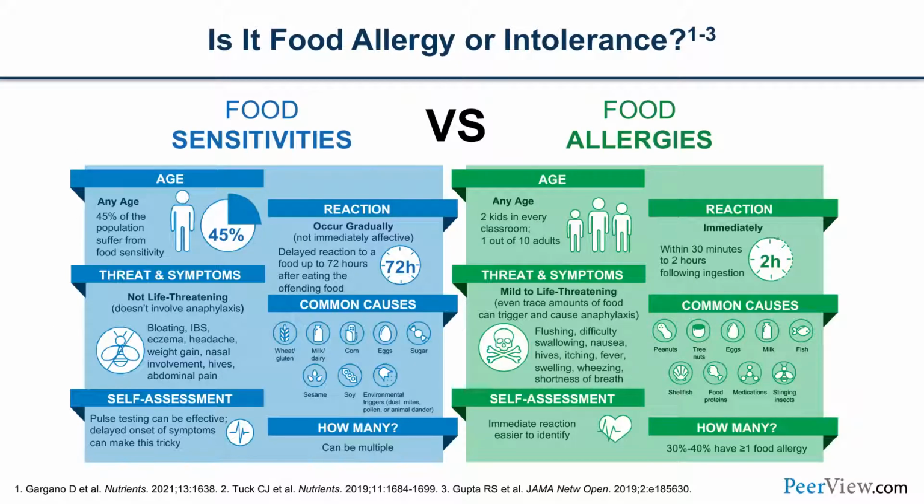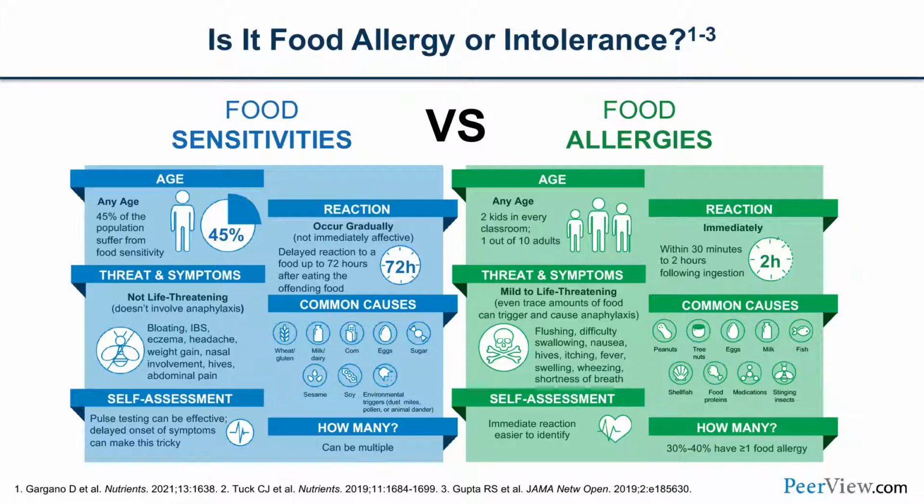It's important to understand the difference between a food allergy and a food intolerance. Food sensitivities or food intolerances can affect any age, and they can occur gradually, within a few minutes or hours of eating, up to many days after ingestion of the culprit food.